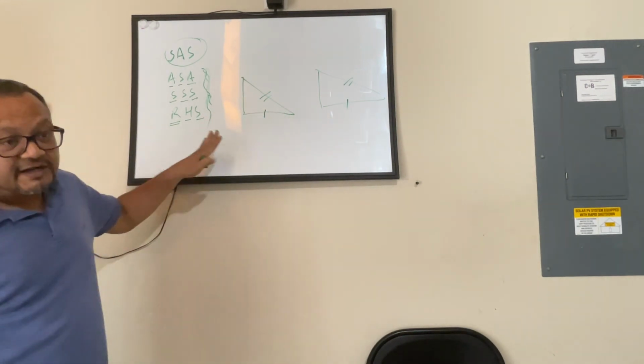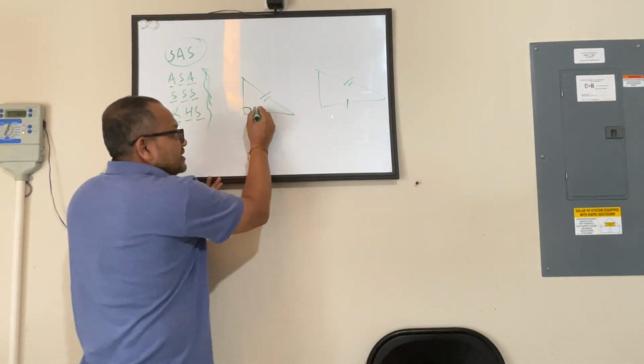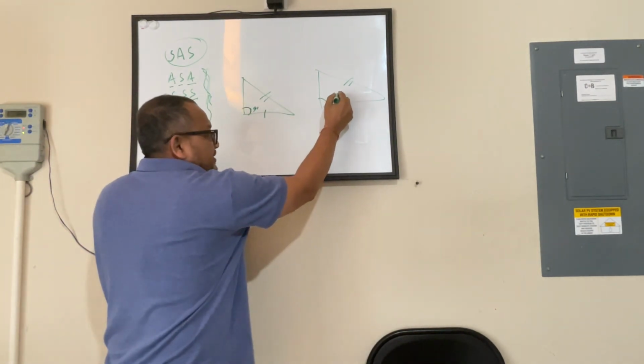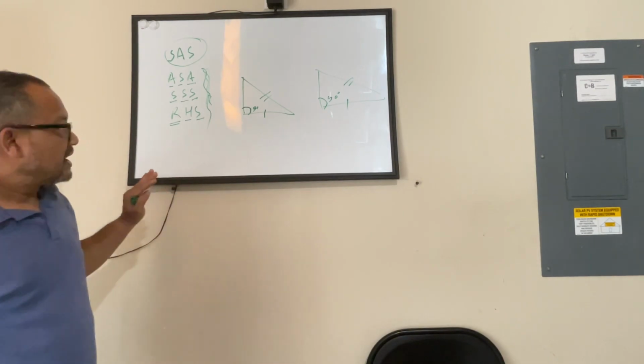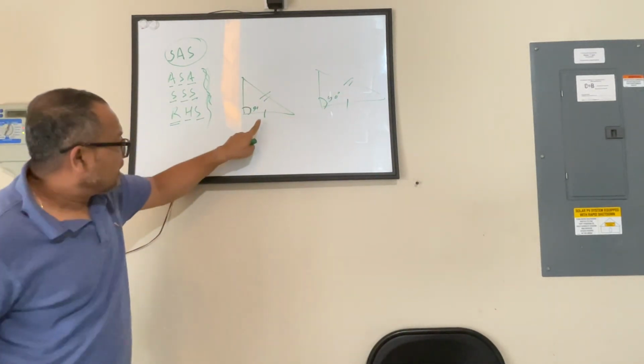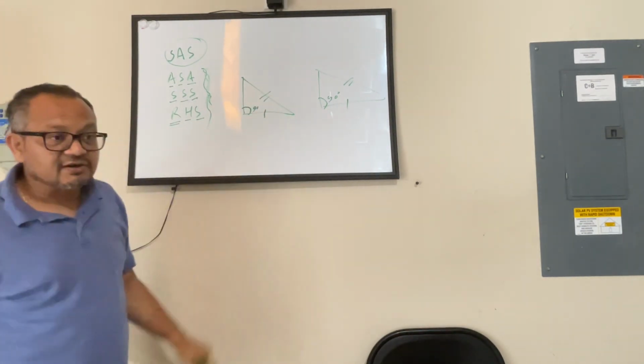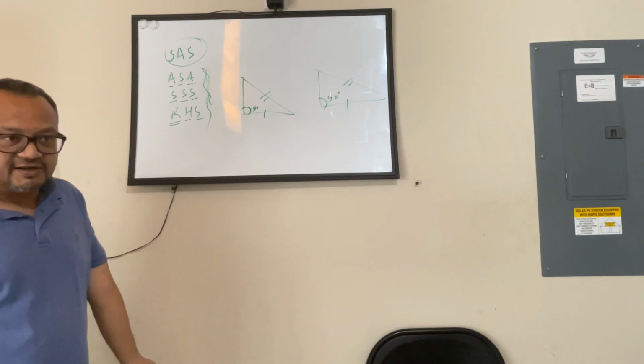Now, these two are right angle triangles. So this is 90 degrees and this is 90 degrees. Now, if the hypotenuse are matching and one of the sides is matching, do you think the other side will match or not? They will match, right?